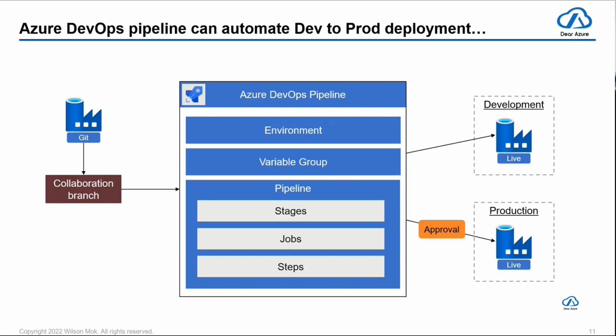A good example of that is the first stage we want to do is to build the ARM template from the JSON from the collaboration branch, and that is what we would call the continuous integration or CI stage. The next stage, for example, would be to deploy this ARM template into the live development environment of the Azure Data Factory. That would be a second stage we would do.